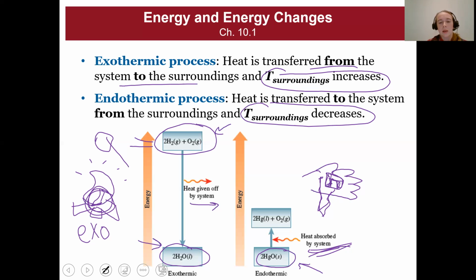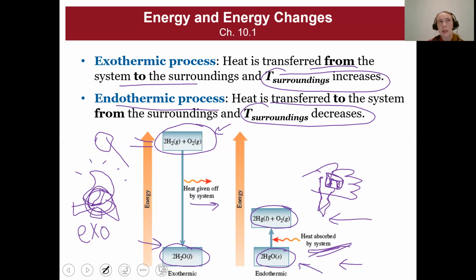And our decomposition reaction occurs. So in an endothermic process like this one, the initial state of the system, the mercury oxide, is lower in energy than the final state.